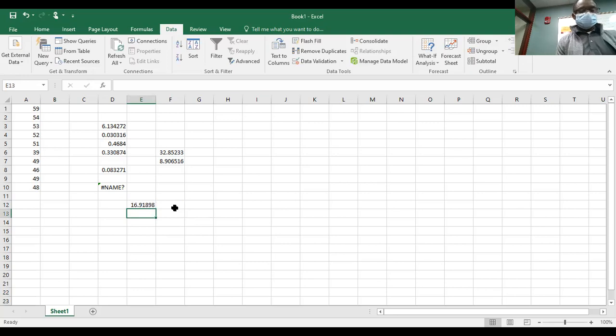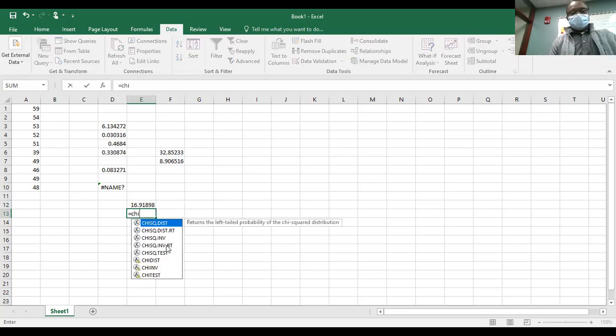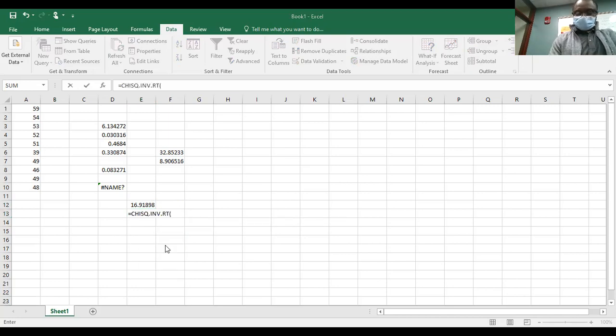So you will have 16.919. Then chi-square inverse right tail, 0.95, degree of freedom 9, gives 3.325.